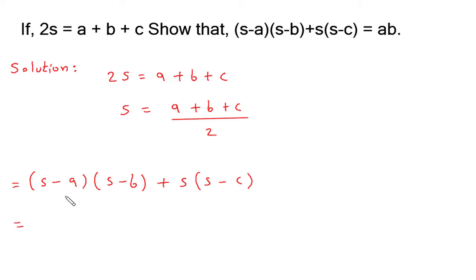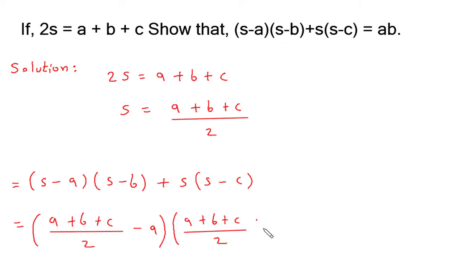So this will be ((a plus b plus c) by 2 minus a) into ((a plus b plus c) by 2 minus b) plus ((a plus b plus c) by 2) into ((a plus b plus c) by 2 minus c).